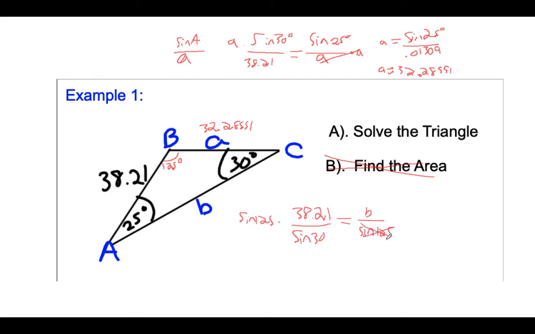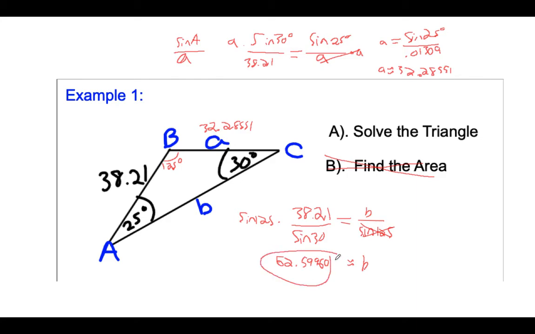So let's plug that in. Sine of 125 times 38.21 divided by sine of 30. And you get b to be about 62.523. Okay.